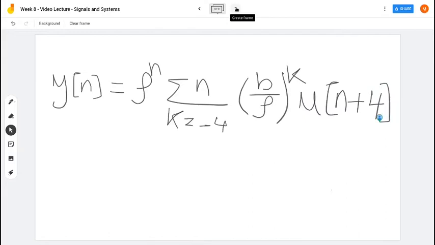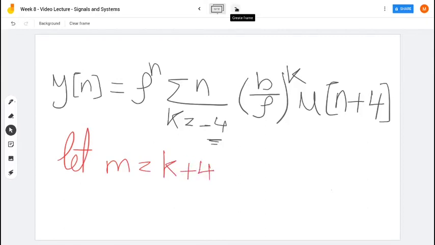Okay, the summations we know basically start at 0, but here the summation starts at minus 4. So in order to take care of this, we will use a new variable. We will call it m, and we will let m be equal to k plus 4.